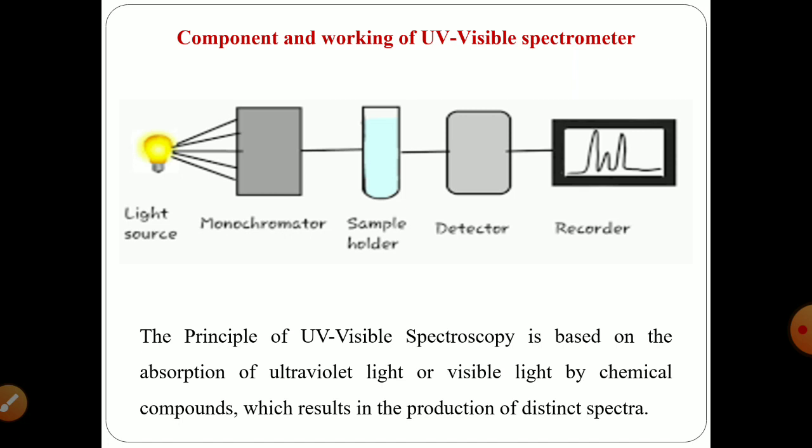The light rays emitted by your light source are vibrating in all directions. To have the resolution between this polychromatic radiation, every radiation moving from light source to the monochromator reflects into its own direction. They are moving in different directions. Resolving these polychromatic radiations into their individual wavelength is the working principle of your monochromator.